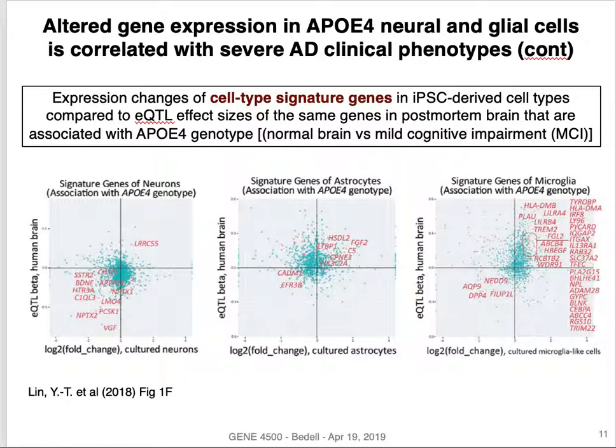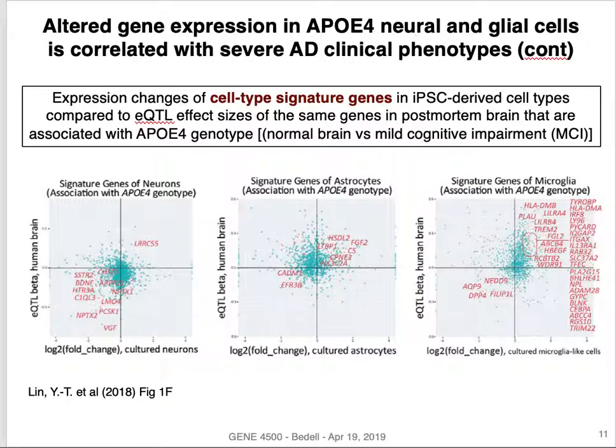Okay. So on this axis are the eQTL values for these genes, and then on this axis are the very same genes in cultured neurons. Okay, so then again, the blue dots are all the genes that are not significantly different. You'd expect a 1-to-1 for the vast majority of them.